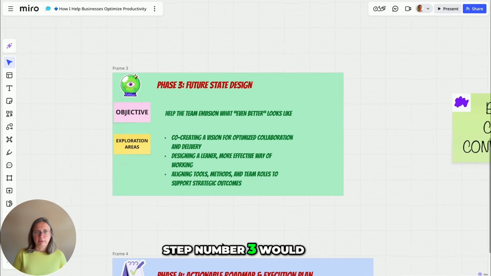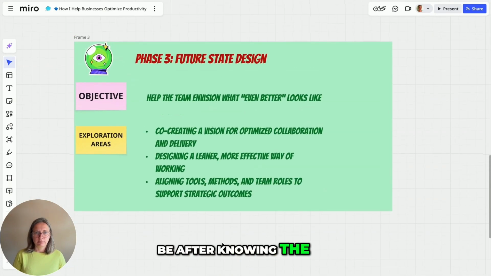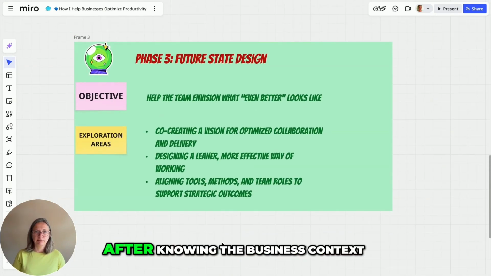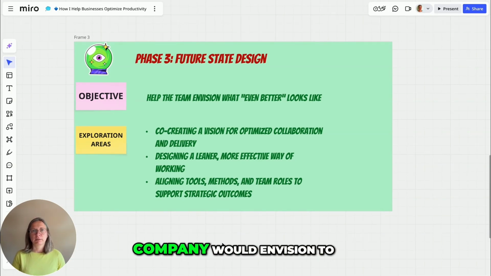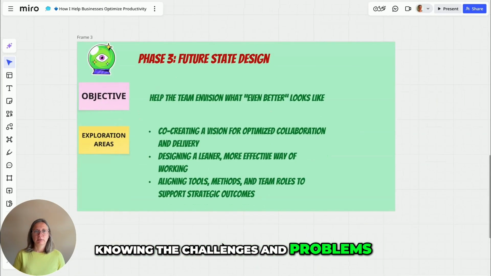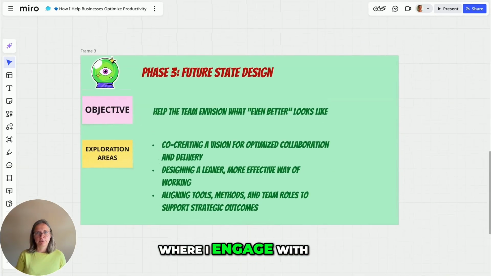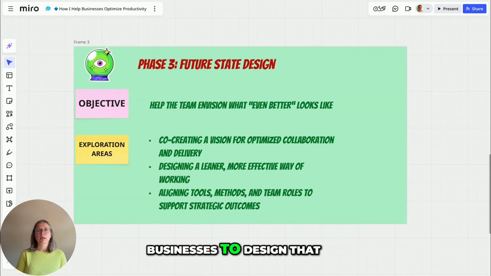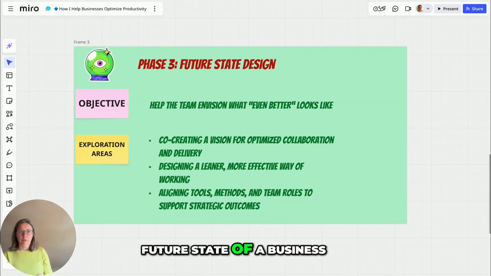Step number 3 would be, after knowing the strategic outlook, after knowing the business context, after knowing where the company would envision to be, and after knowing the challenges and problems, this is the time where I engage with businesses to design that future state of a business.